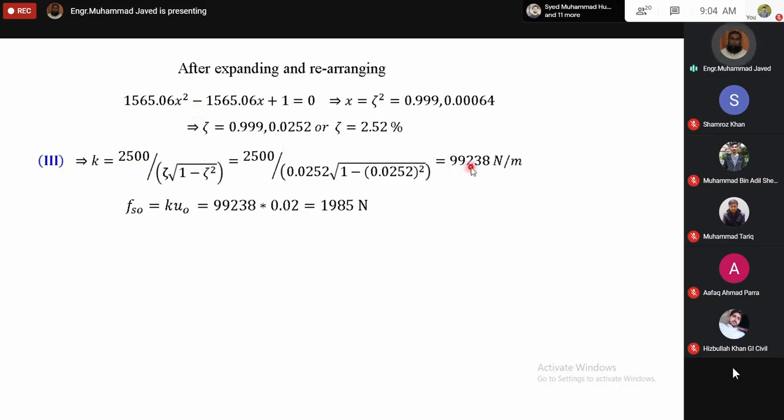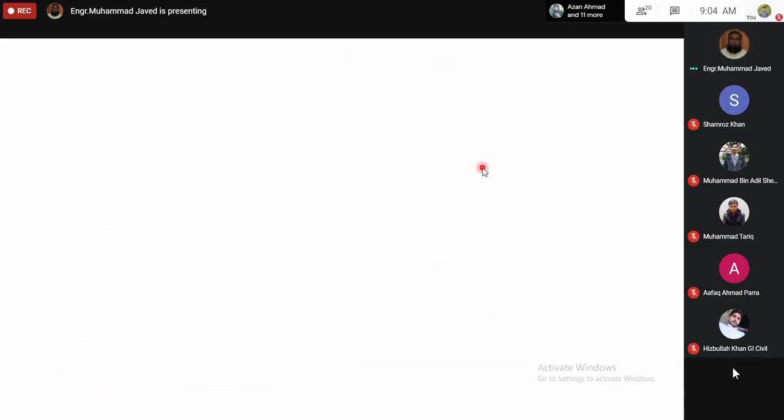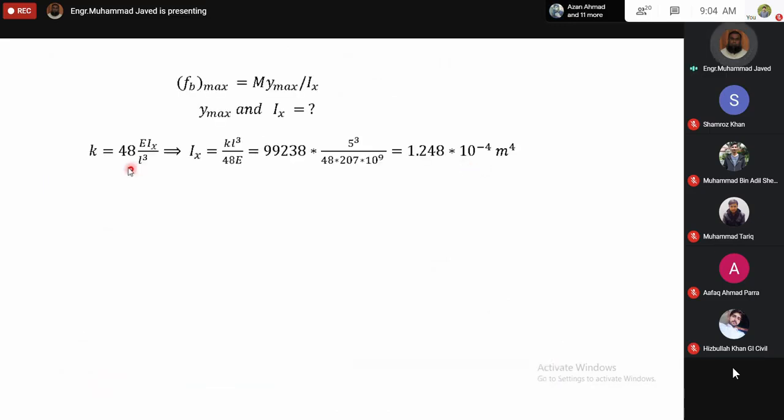जो कि 99238 न्यूटन पर मीटर आ रही है। तो simply supported beam with a point load acting at the center have a stiffness equal to 48 EI over L cube। तो इस इक्वेशन से हम I की वैल्यू मालूम कर सकते हैं, which is equal to 1.248 into 10 raised to power minus 4 meter 4, and from I we can calculate the cross sectional dimension.